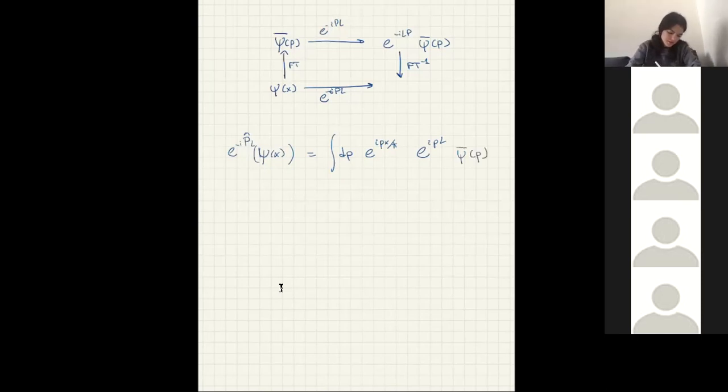Now, because there's an h bar down here, it's more convenient if we work in units of h bar here, so let's just go back, sorry about that.